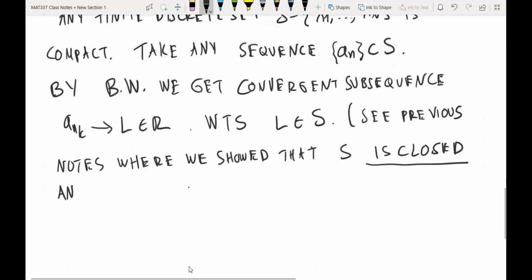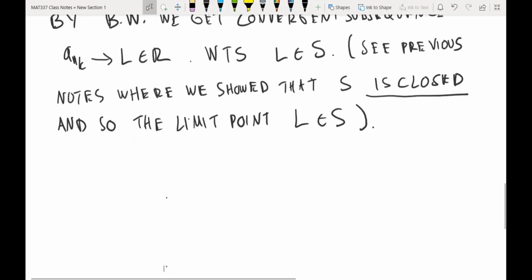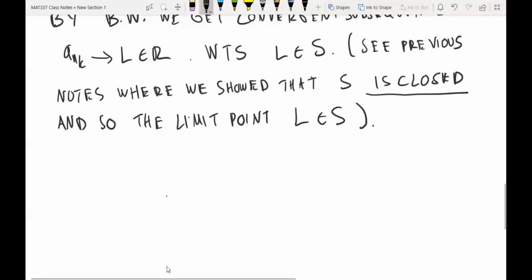And so L, the limit point of S, is in S. Okay. So hopefully you see a pattern coming up, and we will.